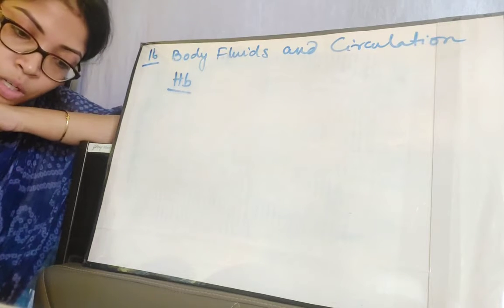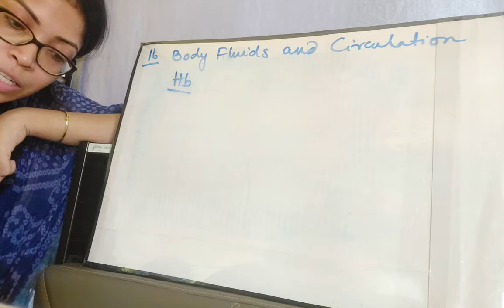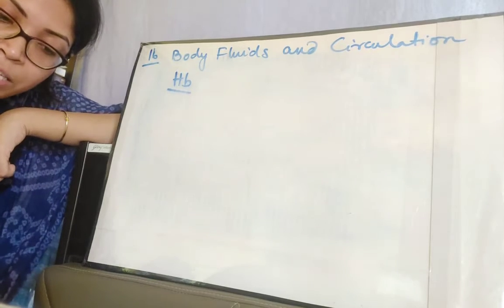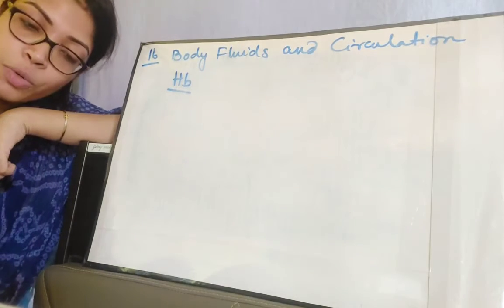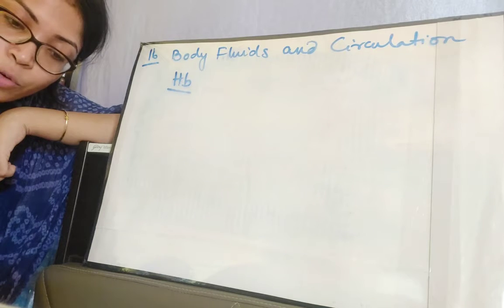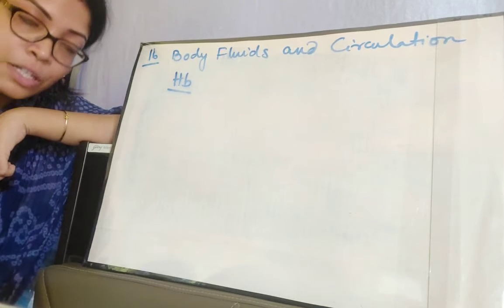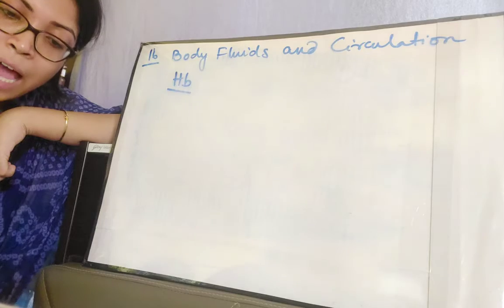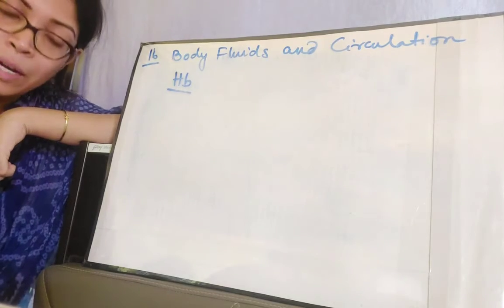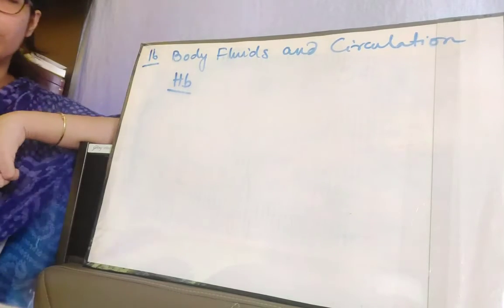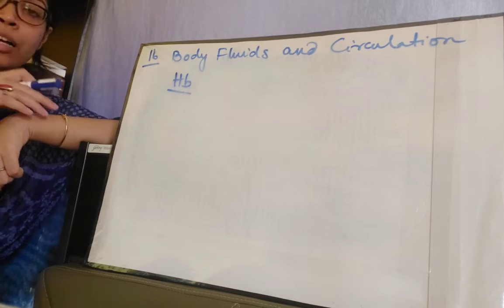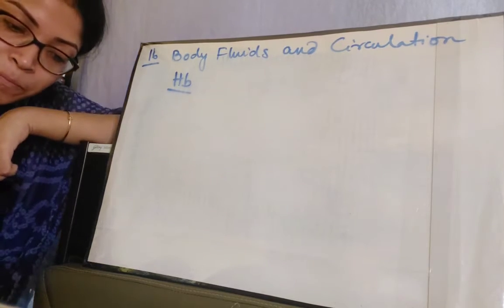Now chemistry, you will underline the first line. Hemoglobin is a chromoprotein, and I have already told you what a chromoprotein is, which consists of 4% heme and 96% globin. Globin is a protein and heme is a pigment.